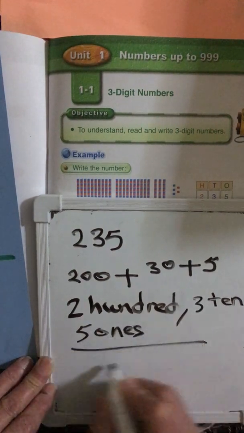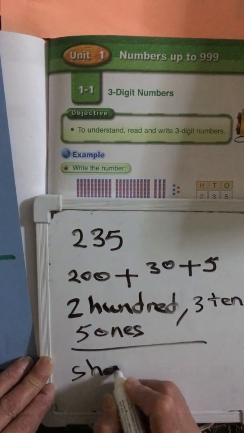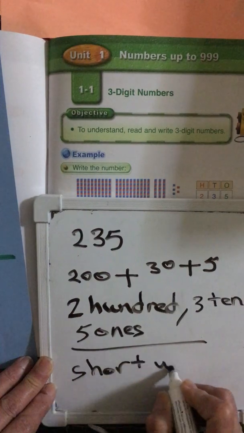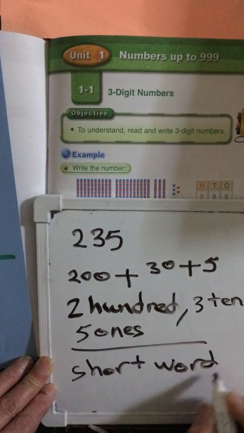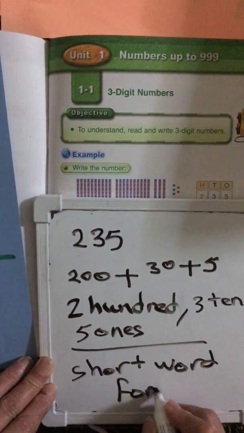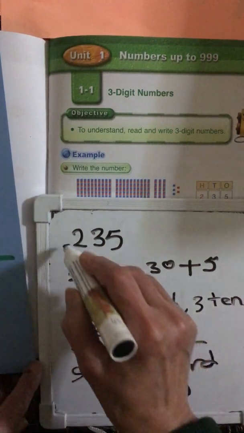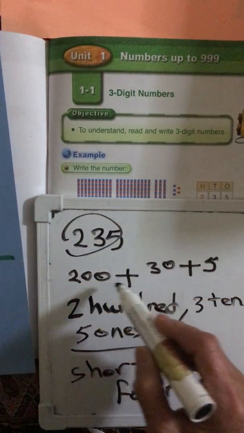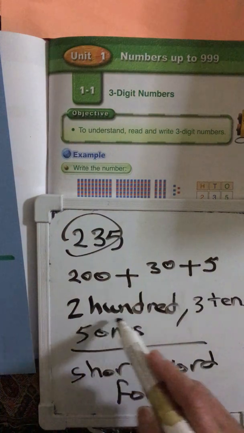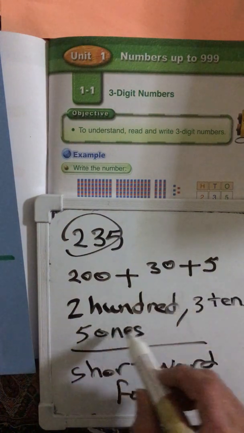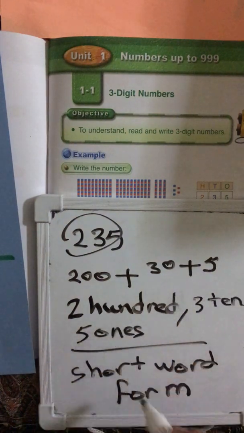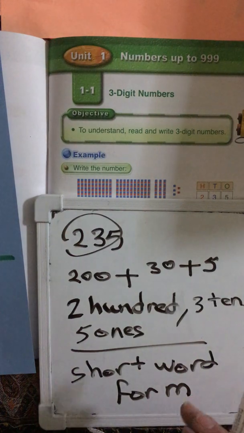This is called short word form. So we can write the number in standard form, we can write it in expanded form, we can write it in short word form, and I can write it in word form.